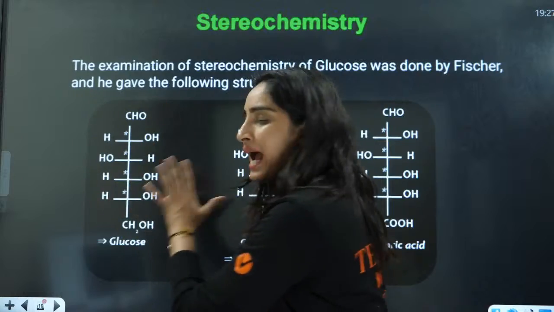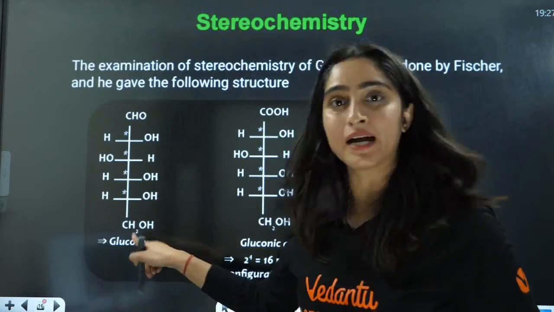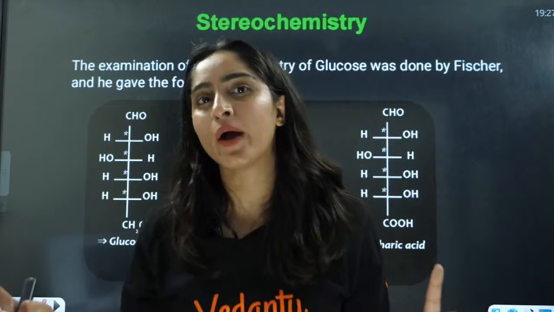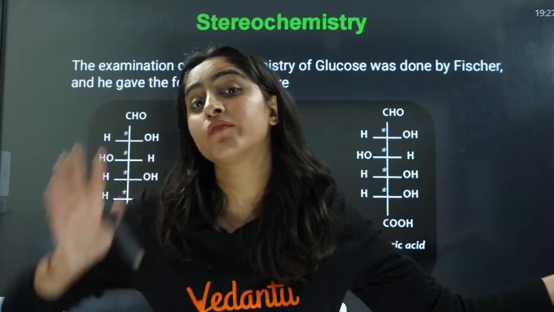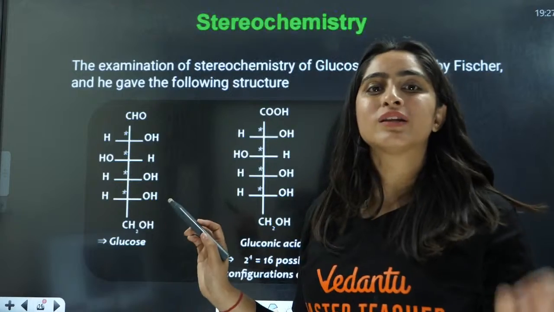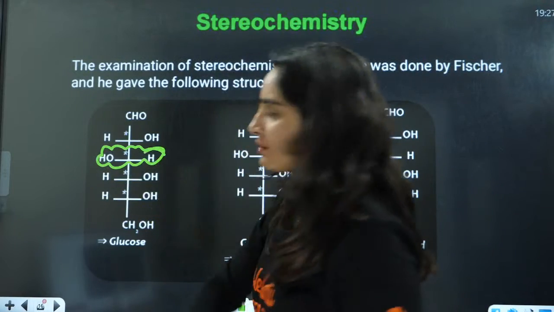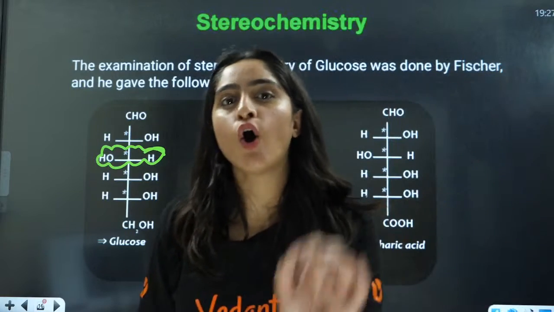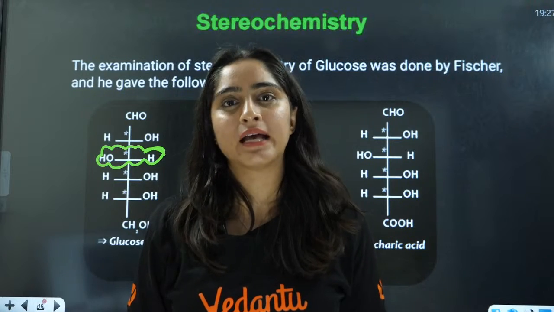This is a primary structure that you must know. This is the CHO group and this is the CH2OH group, that is primary. In the secondary OH groups, that is the main thing here: where OH should be on the right side, where OH should be on the left side. Only on the third carbon is OH on the left side.